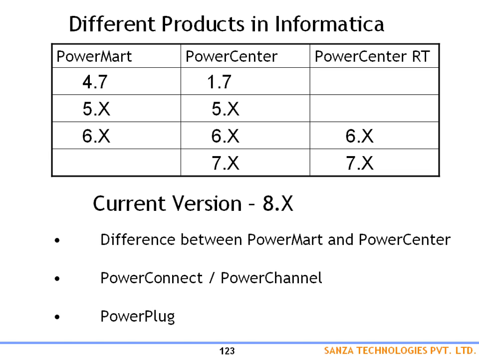The difference is that PowerMart is used only when your sources are on a relational database or flat files. PowerCenter contains all the features of PowerMart, plus it is used whenever you want to get the data from ERP applications like SAP, Siebel, Oracle Apps, or you want to load the data into this type of application.